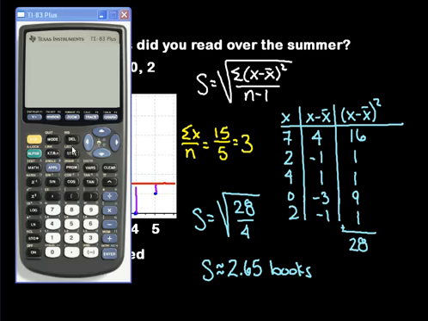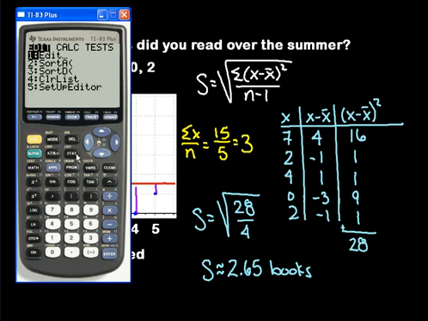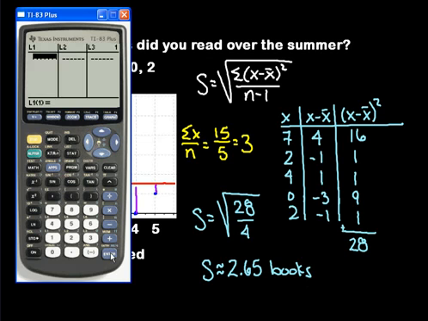We can also use our TI-83 or 84 calculator to calculate standard deviation, and I'm going to show you two different methods. Alright, if you hit your stat key and go to edit, you're going to be in a list format similar to what you see on the right there, and what we're going to do is enter that first column, 7, 2, 4, 0, 2. Right. I've already calculated my mean, so this is actually pretty easy.